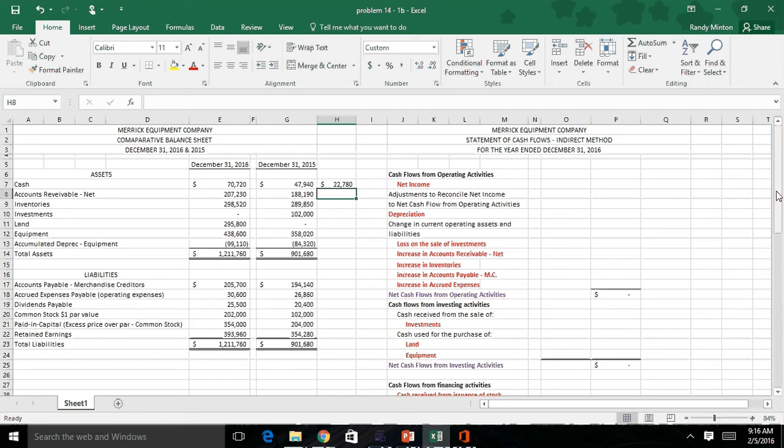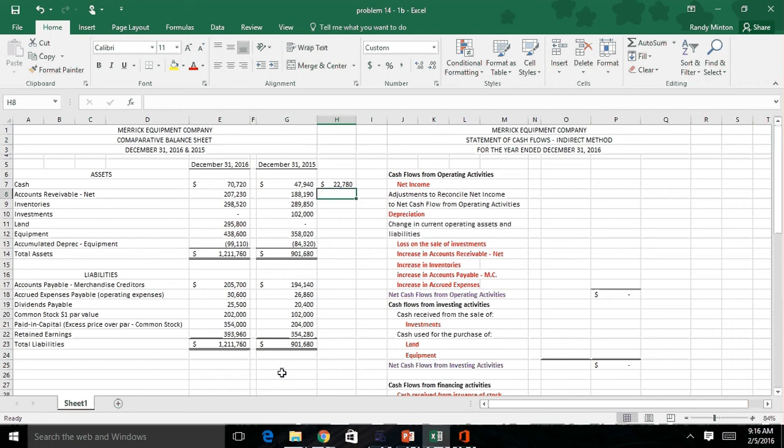Let's read the additional data obtained from an examination. So we have the balance sheet over here for each year, and now they've given us some additional information that we need to consider. So the first says that equipment and land were acquired for cash. That's A. B says there were no disposals of equipment during the year.